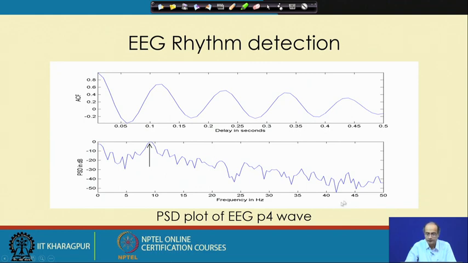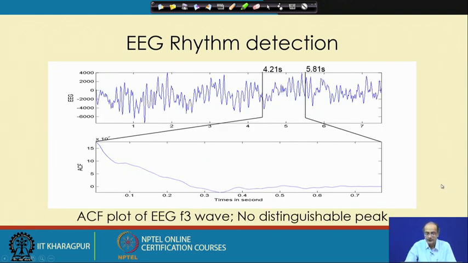Next, in another example, we again suspect that an alpha wave is present between 4.21 second and 5.81 second, and then we take the autocorrelation coefficient of this part; one signal is only this part, another is the full F3 wave.